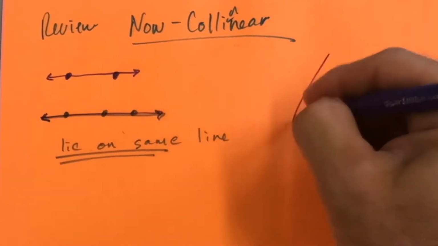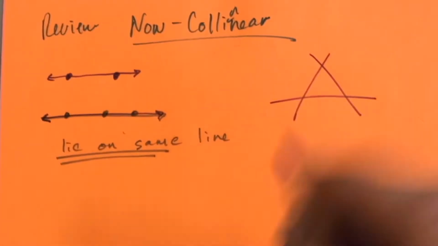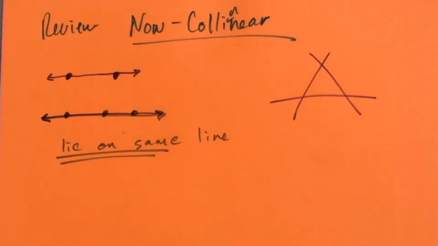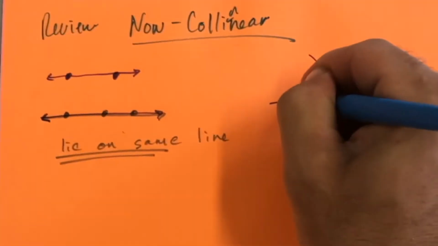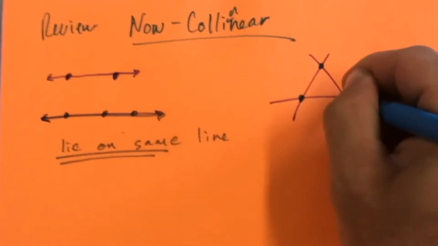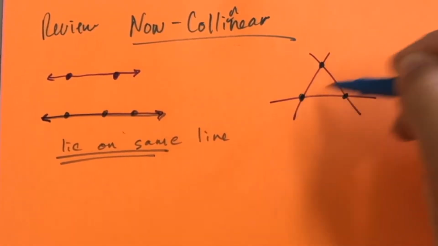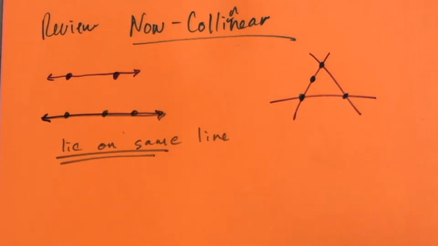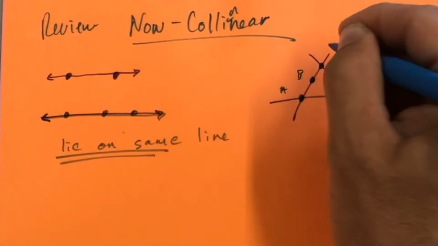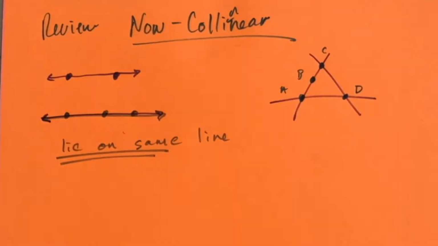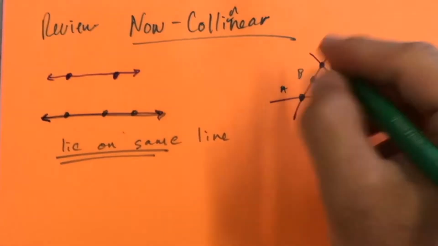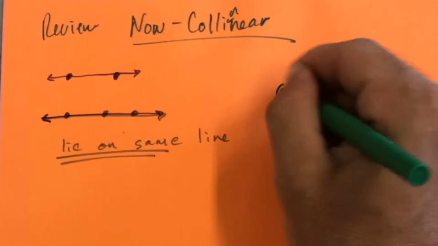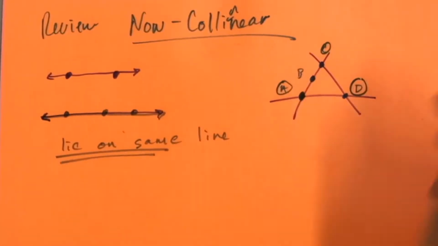Let's say you're given a triangle-shaped diagram or figure. Remember, we used the word figure here. And these 3 points, they're asking, give me points that are collinear. Let's say we have A, B, C, and D here. If I were to say which of those points are non-collinear, you would have to find any 3 points, let's say A, C, and D, right?